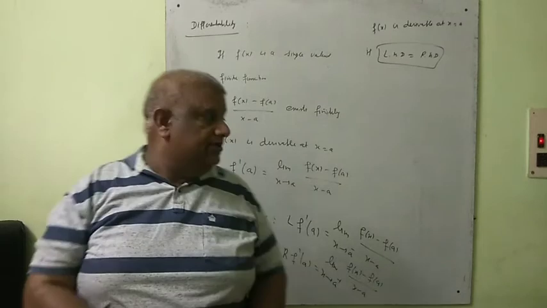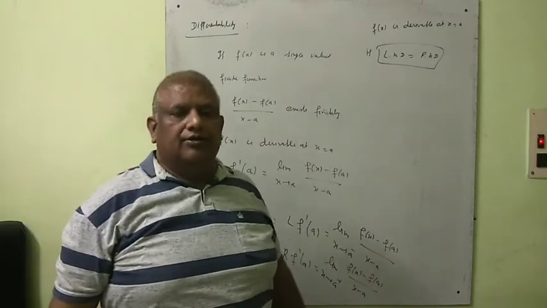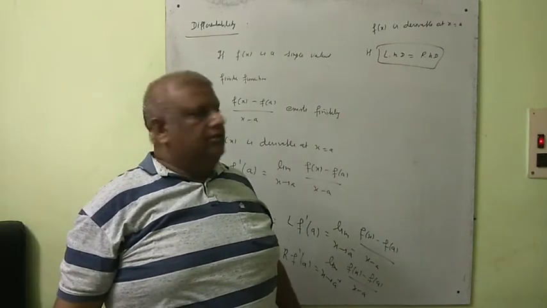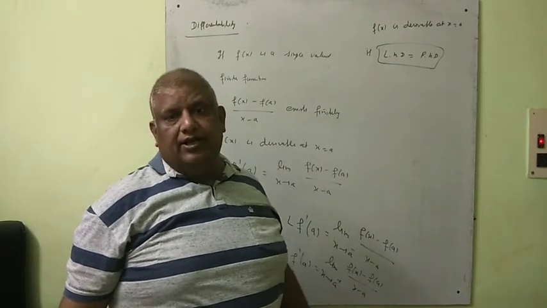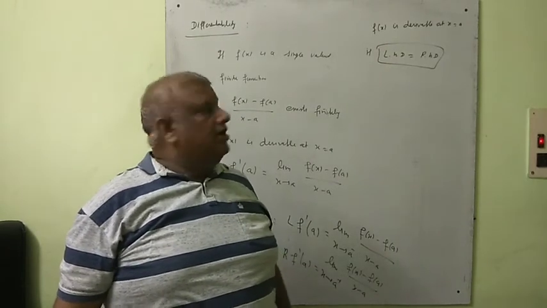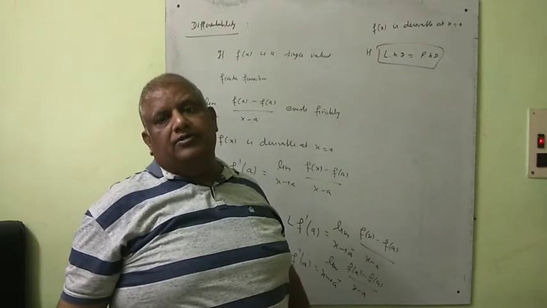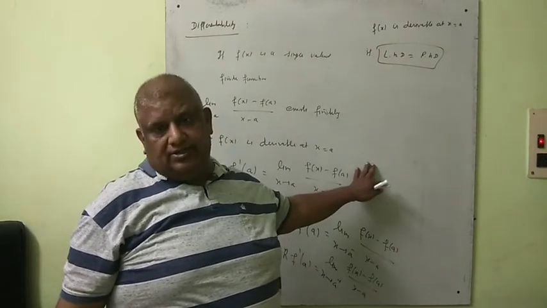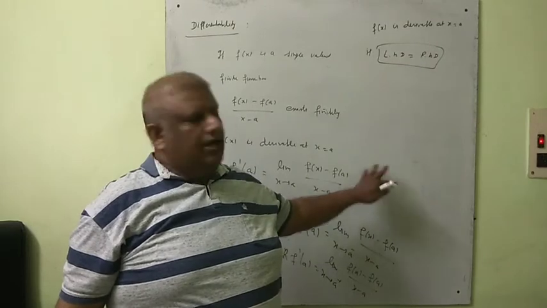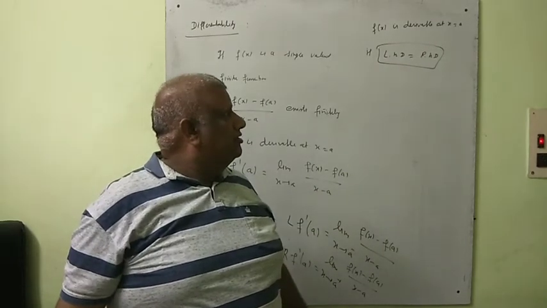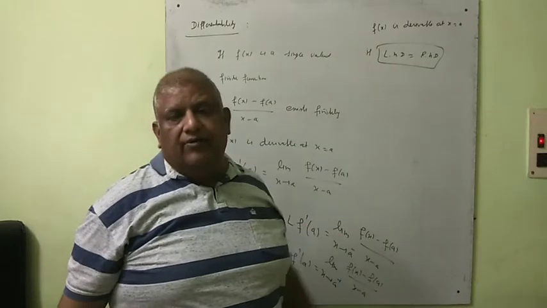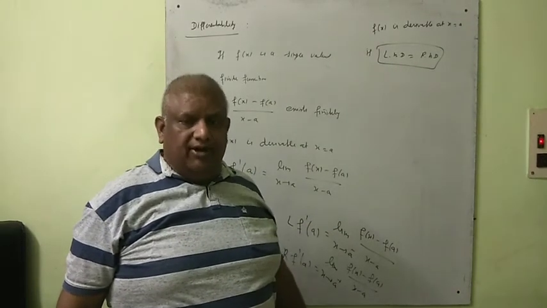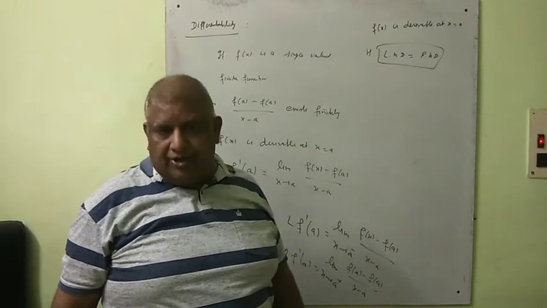Here we have some remarks. If a function is continuous, then it is not necessary that it is always derivable. Some functions are continuous, may be derivable, but all the time it is not necessary. Except some questions, definitely up to plus 2 level, if a function is derivable, then definitely it is continuous.